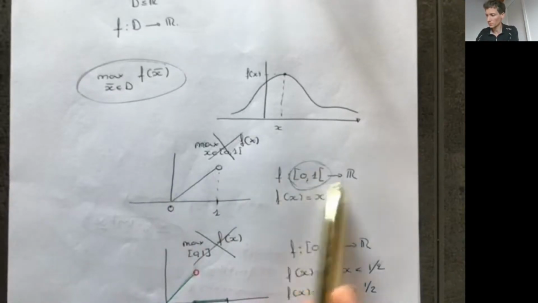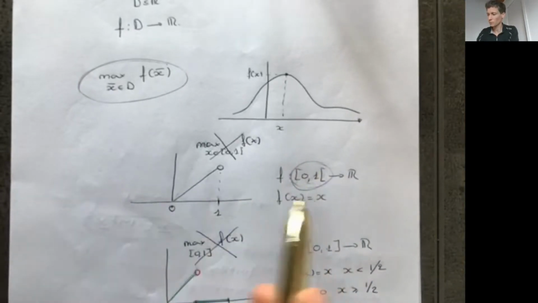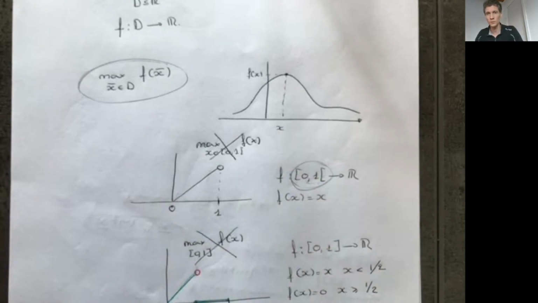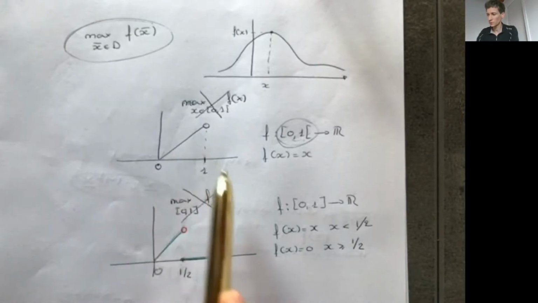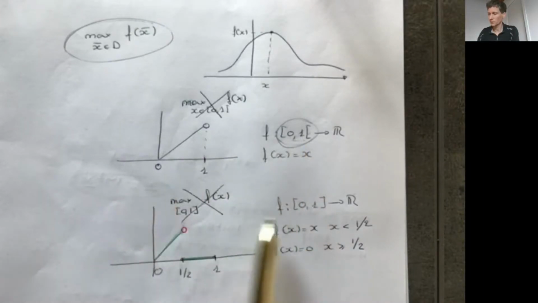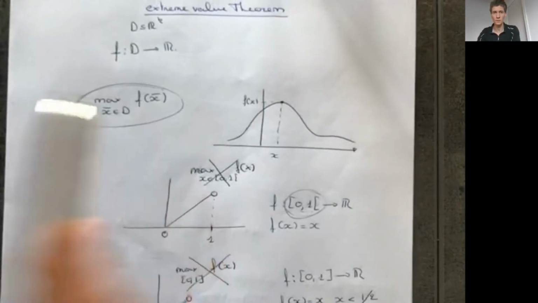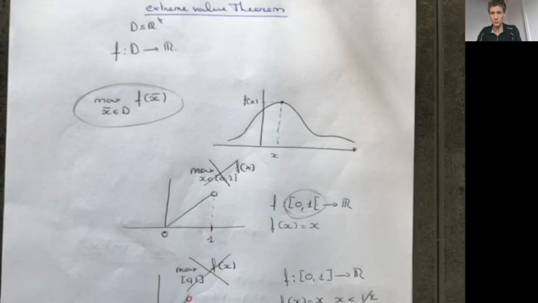In the first example, the domain is not compact, so it's not closed and bounded. Here the function that we would like to maximize is not a continuous function. We will see that if the domain is compact and if the function is continuous, then it is indeed possible to find the value in the domain that maximizes the function over the domain.